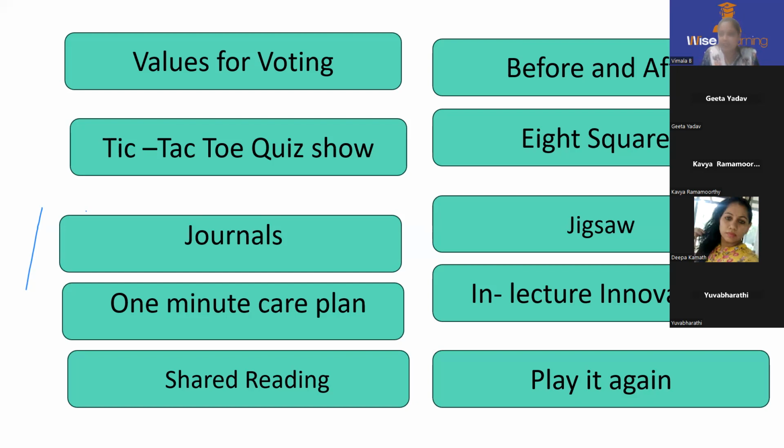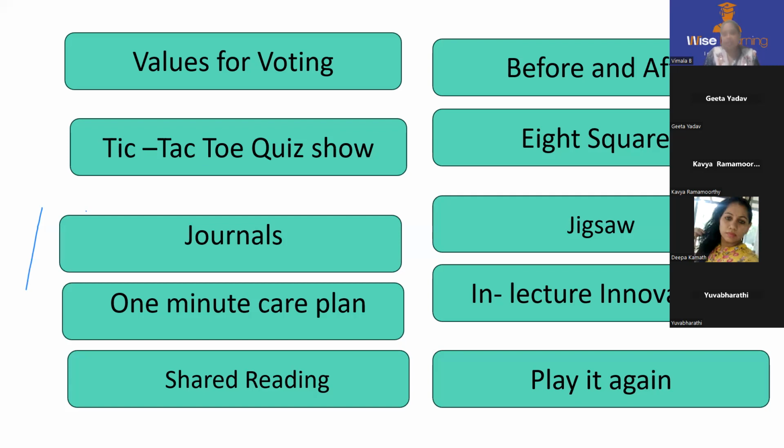It should not be the same topic, and one leader should be appointed by the teacher. The leader should create a report of whatever they are discussing in their group, and that report should be presented in class.